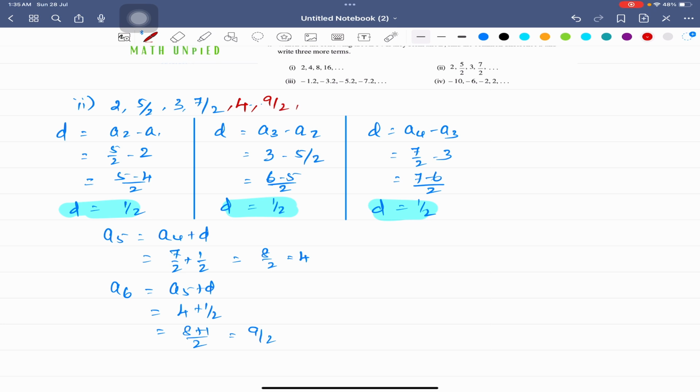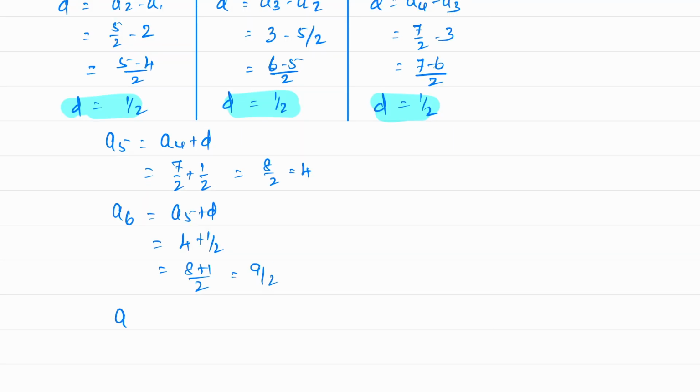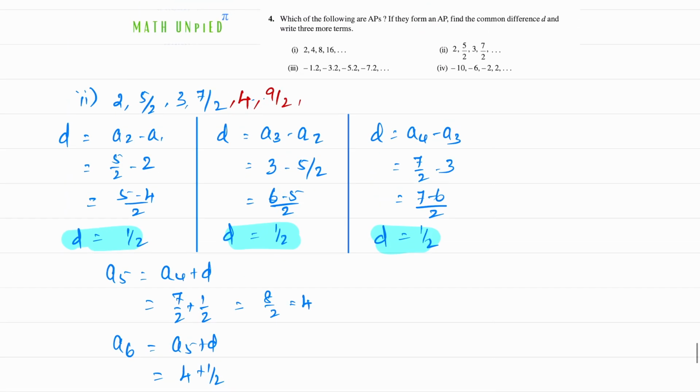And what about A7? A7 equals A6 plus D, which is equal to 9 over 2 plus half, which is equal to 10 over 2 or 5. So A7, the seventh term, equals 5, and let's write it here. So this is 5. So we have found out the next three terms and the common difference.